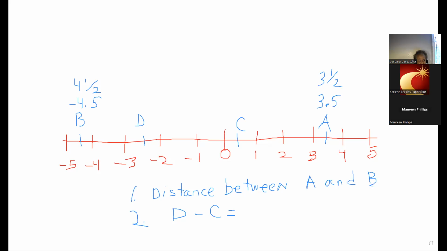So where are you getting a 5 from? So it's 1.5. No, it's 3.5 for the A, and 4.5 for the B point, okay?